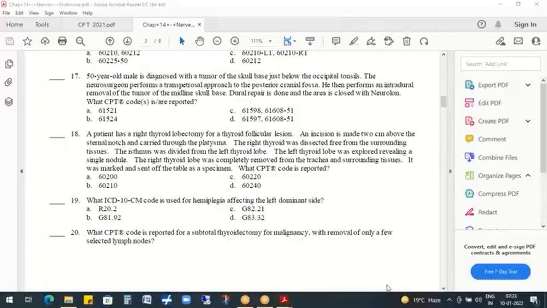Question number 18. Can anyone read the question? Question number 18.